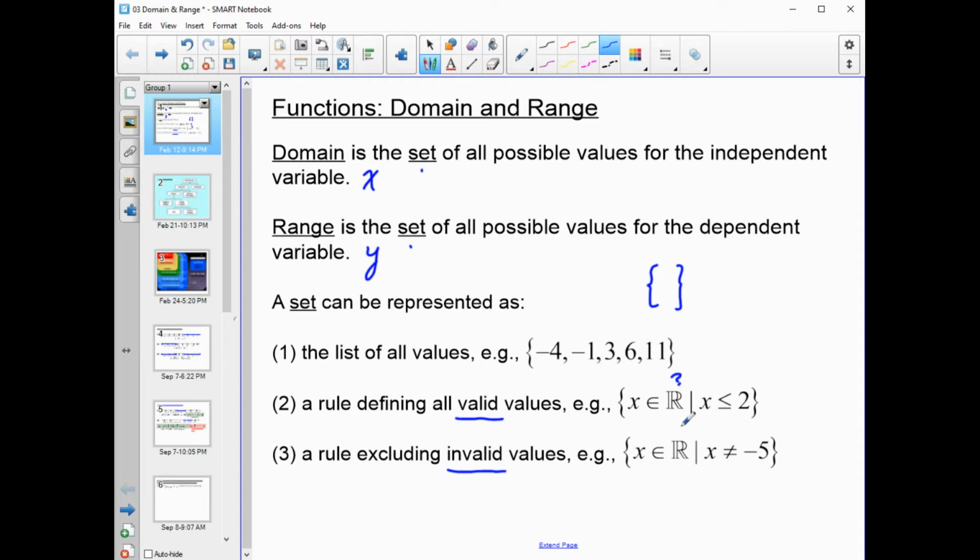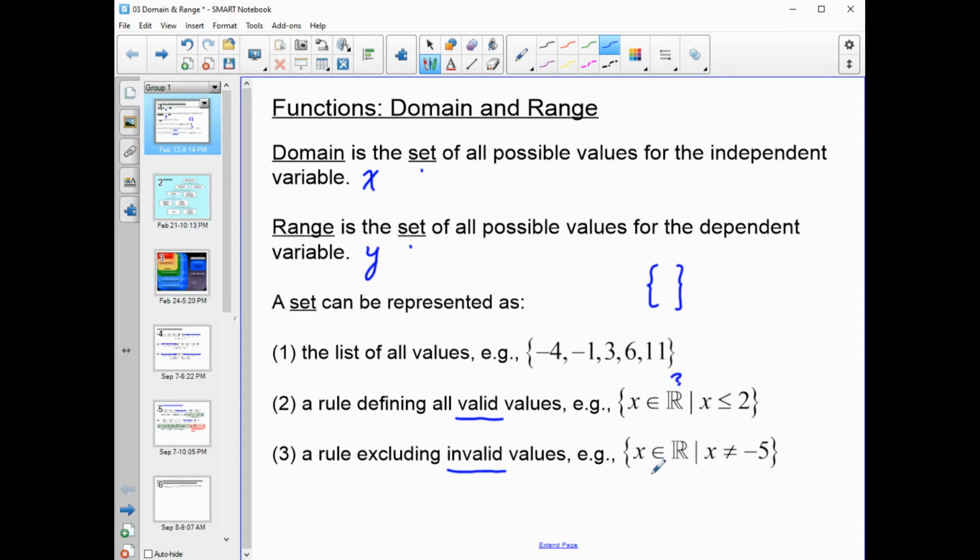So real numbers represent basically all the numbers that we use commonly. Counting numbers, integers, but they also count things like fractions. They include non-repeating decimals. They include numbers like pi, numbers like the square root of 2, kind of awkward numbers that we can't represent as fractions. In this case, we're saying it's made up of all real numbers, but we're only allowed to include those numbers that are less than or equal to 2.